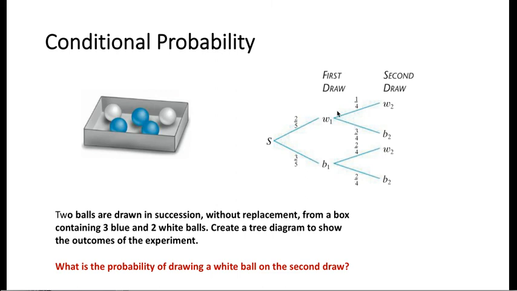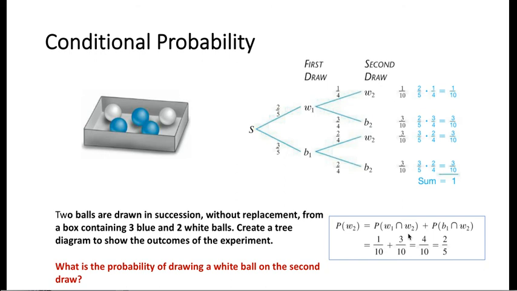So you multiply along each path and add those together. 2/5 times 1/4 is 1/10, and 3/5 times 2/4 is 3/10. So 1/10 plus 3/10 is equal to 4/10, or 2/5. And that's it. Good luck.